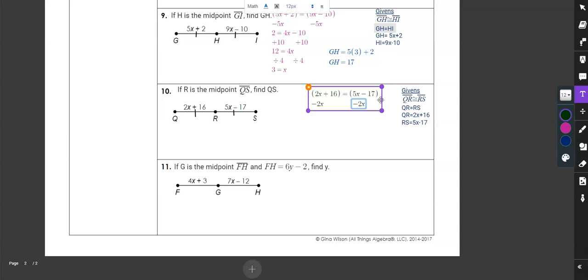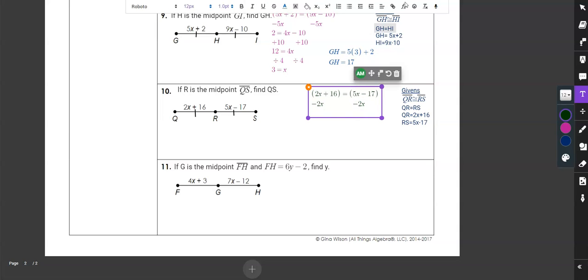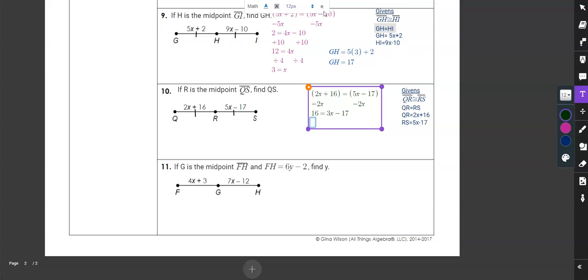And that's going to give me 16 is equal to 3x minus 17. And now I'm going to add 17 to both sides in order to balance out this equation. And that's going to be 33. So I'm going to end up with 33 is equal to 3x.